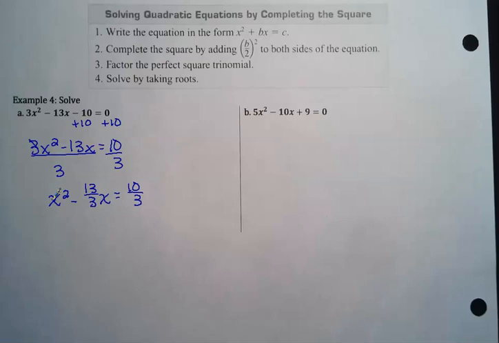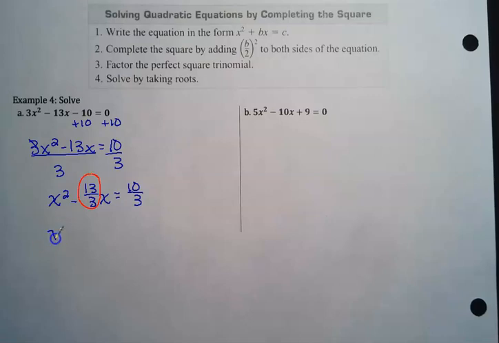All right, so now we're going to complete the square by adding the half of the coefficient, or half of b. b divided by 2, b times 1/2, however you want to do it. Okay, so my b is the 13 over 3.